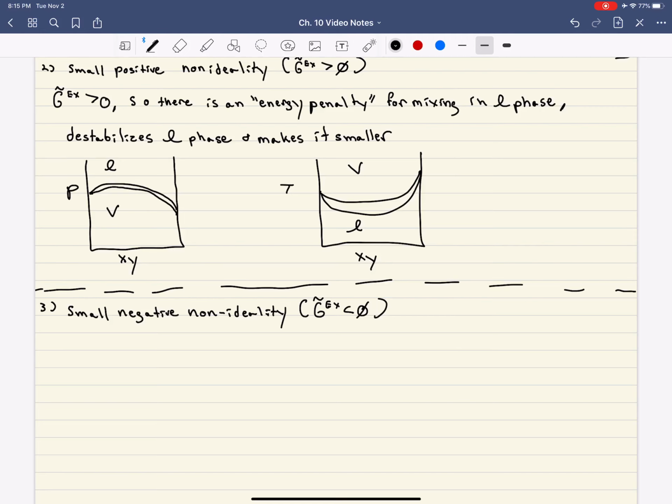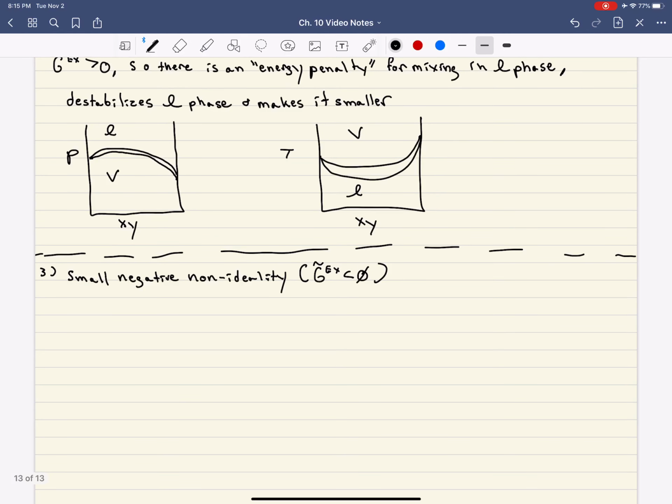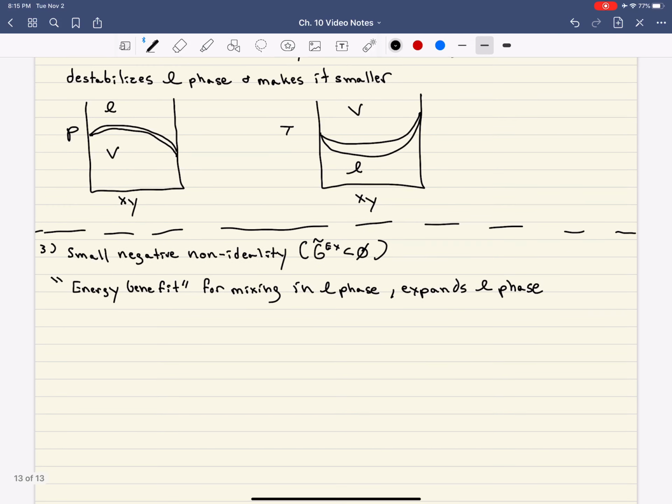Okay? Alright, and so in the liquid phase, rather than there being a penalty for the two species to mix, it's now actually favorable for the species to mix, and you get, I guess we'll call it an energy benefit for mixing in the liquid phase. Okay? And so what this will do is expand the liquid phase, and it makes it more likely that the mixture will just be a pure liquid.